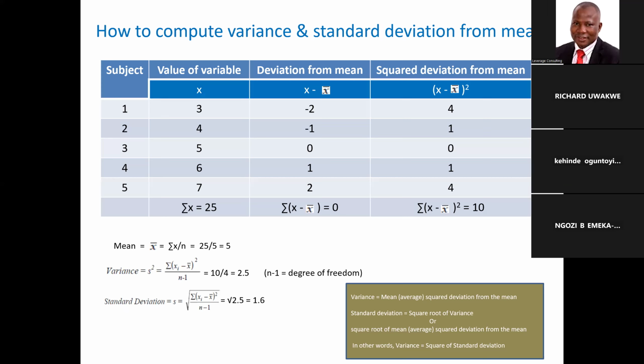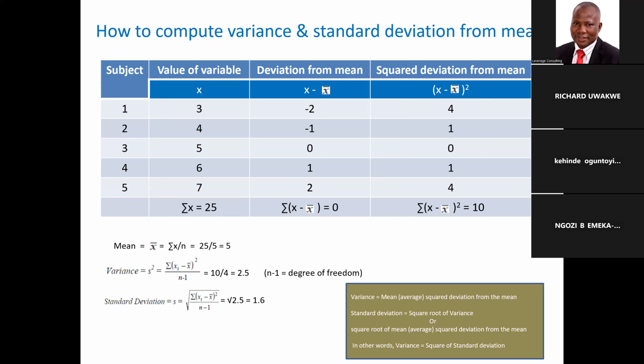When you calculate the square root of variance, that is the standard deviation, so that the unit will be the same as the mean. Here it is 1.6. So you can now say the time is a mean of 5 seconds plus or minus 1.6 standard deviation. Can you see now?